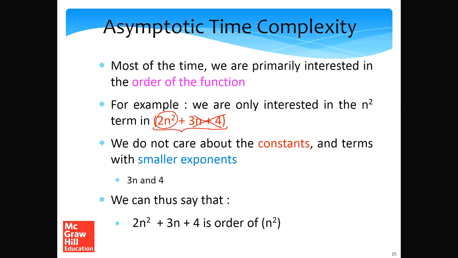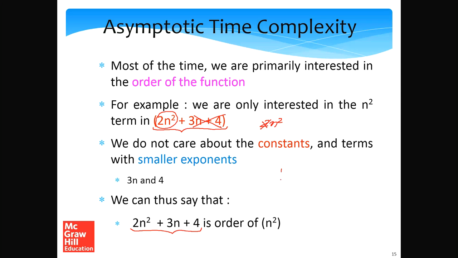So basically, even for the constant in 2n square, while broadly thinking of the approximate time, we can even ignore the constant 2, and we can say that this function sort of grows as n square, ignoring constants. So it is possible to say that a function of the form 2n square plus 3n plus 4 is of the order of n square, and the reason it is possible to say this is because we have decided to get rid of constants.